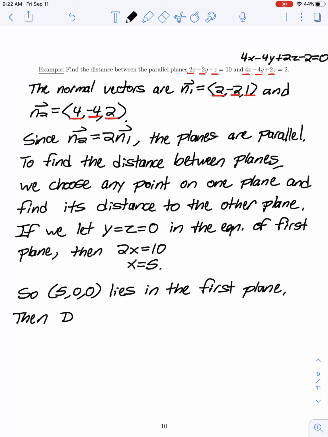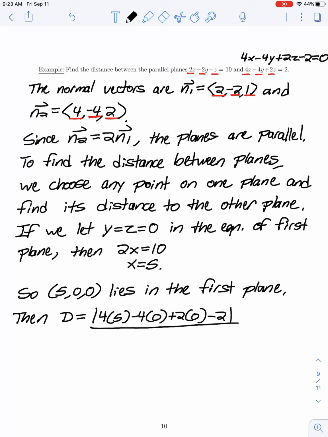So here the distance, capital D, from the point to this plane would be given by the absolute value of the equation for our plane with this point plugged in. So 4 times x, which was 5, minus 4 times y, which was 0, plus 2 times z, which was 0, minus 2.